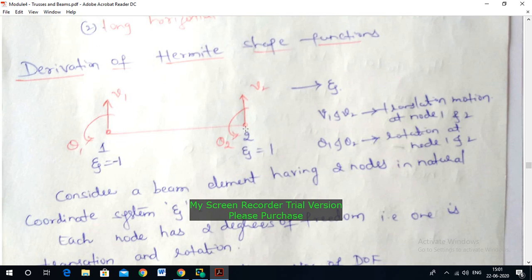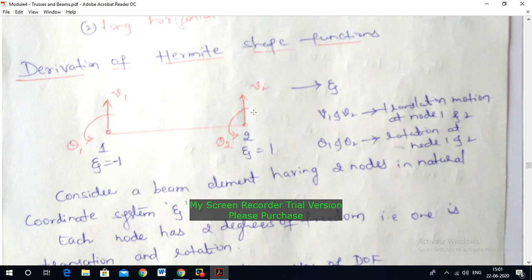Similarly, node 2 has 2 degrees of freedom: V2, the translation motion in the y direction, and theta 2, the rotation motion.